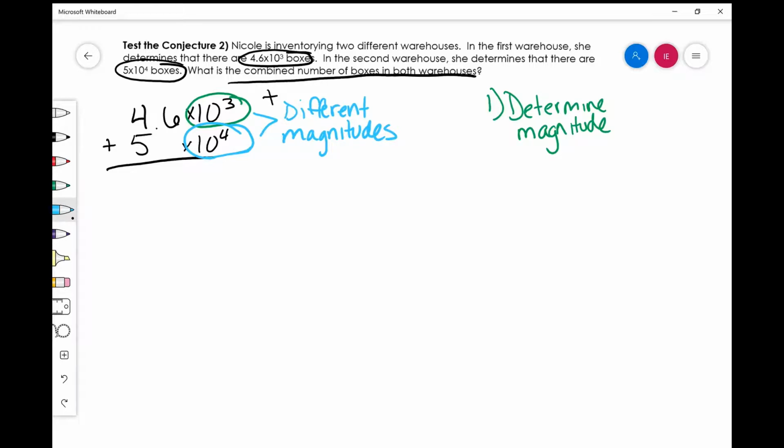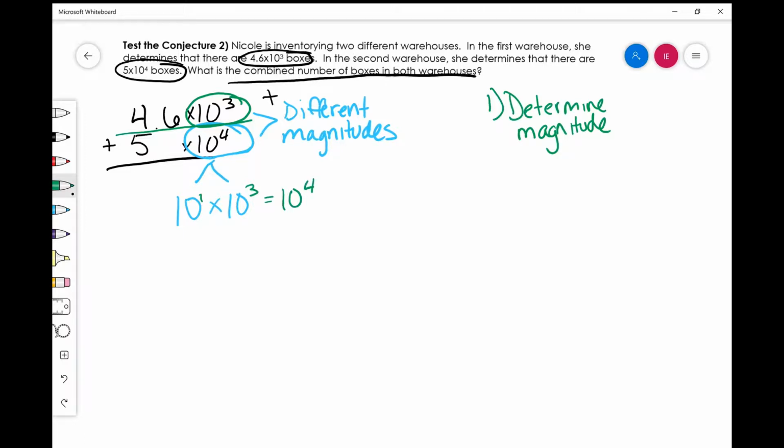So let's see if I can find values of my exponents that when I multiply a base 10 together will add up to 4. I know that I want to have the same magnitude as my first number. So I want to have a value of 10 to the third. I know that if we need to add our exponents together, 3 plus 1 will equal 10 to the fourth.